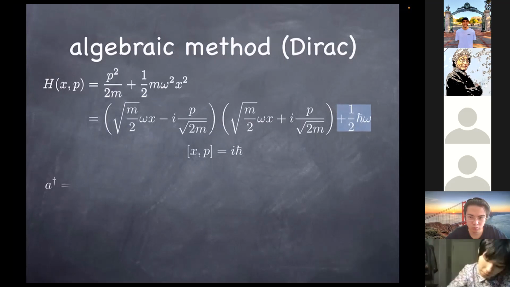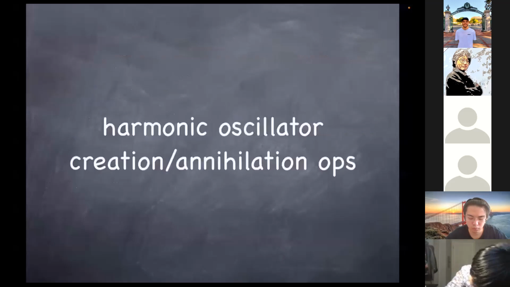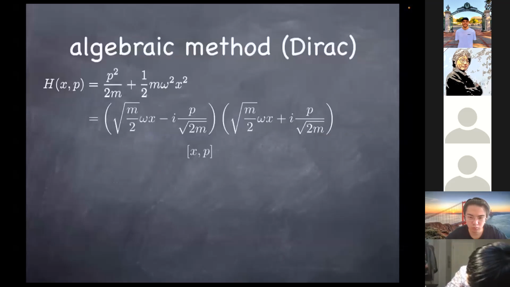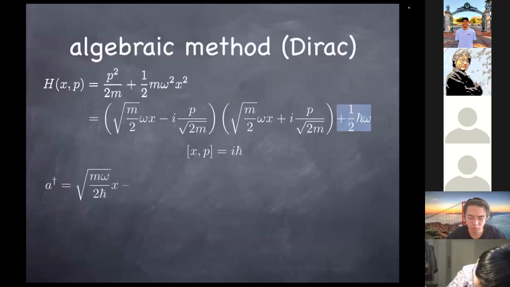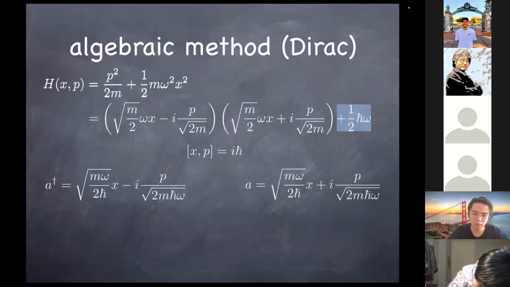And defining these operators A and A dagger, sorry, which is basically just factoring out the square root of omega over h bar from this expression for this complex variable x plus ip. And this is the definition of A and A dagger.